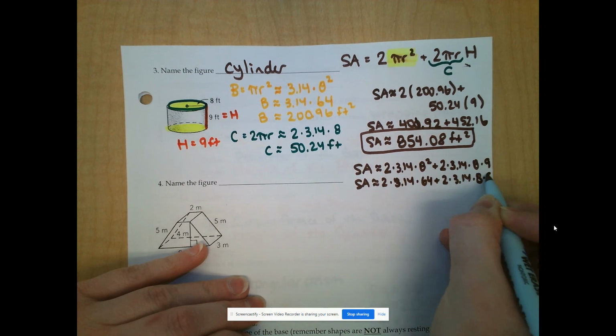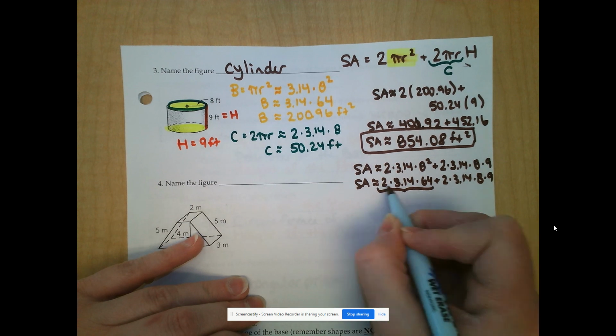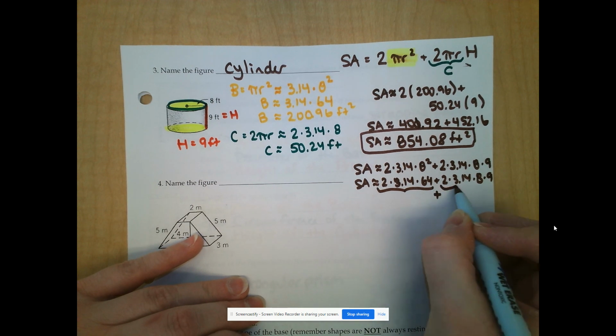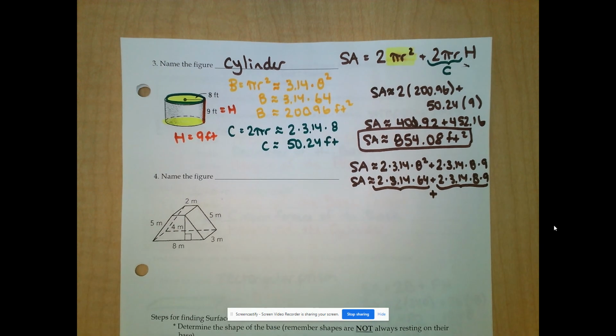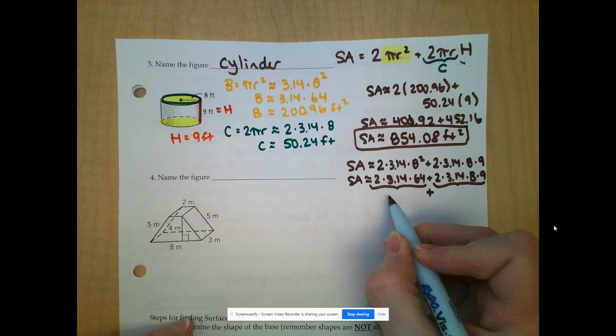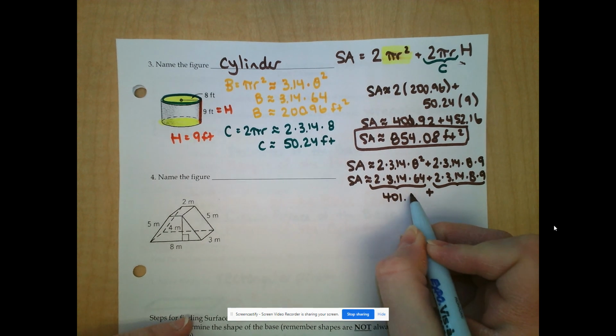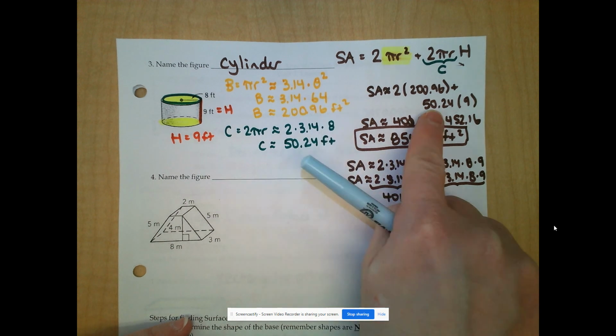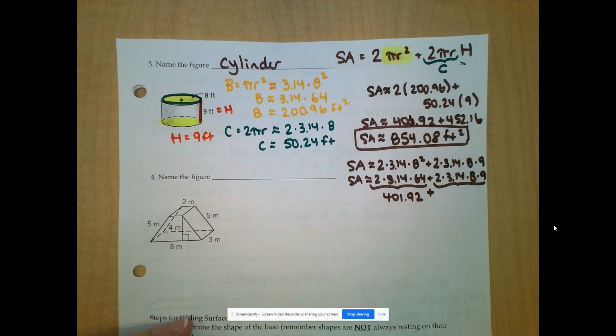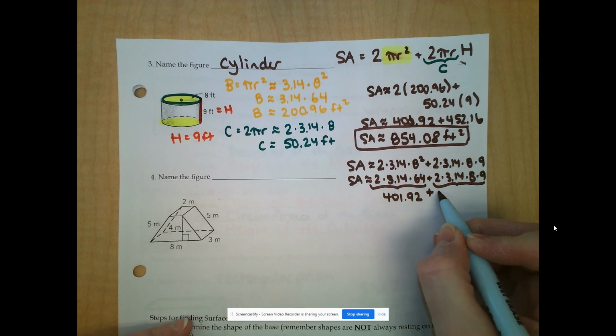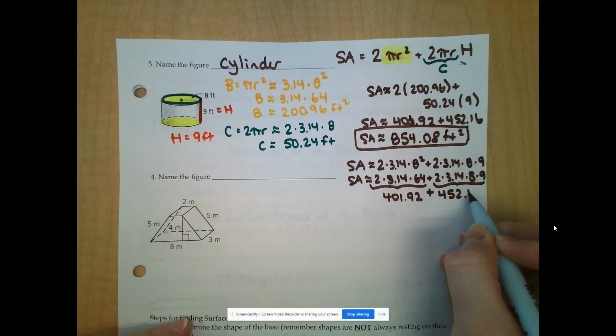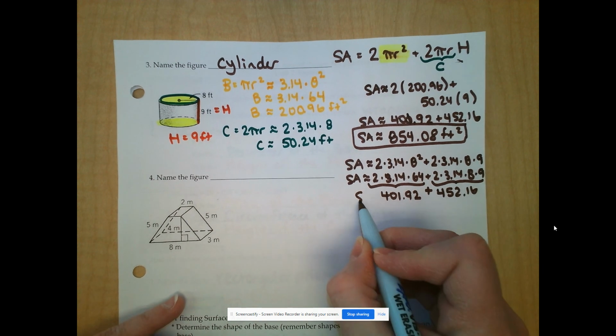And then you're going to like this part because this actually saves you a bunch of work. Numbers that get multiplied, separated by addition, and then more numbers that get multiplied. 2 times 3.14 times 64, that's going to be 401.92. That should look familiar. Plus 2 times 3.14 times 8 times 9. There's your 452.16, also very familiar.